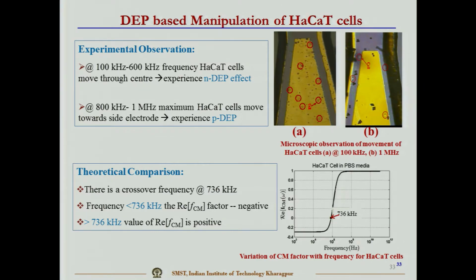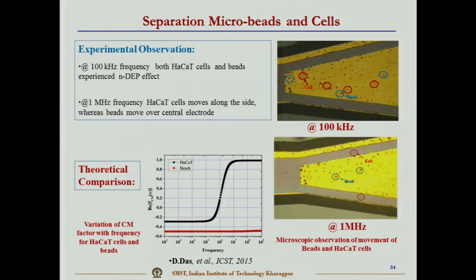And the next is the microbeads and the cells. Now we have mixed two things, one the biological cell, another the polystyrene bead. For the polystyrene bead we observed negative DEP for the whole range up to 1 megahertz, whereas the HaCaT cell shows positive DEP above about 800 kilohertz. We mixed these two and flowed them simultaneously through these channels.